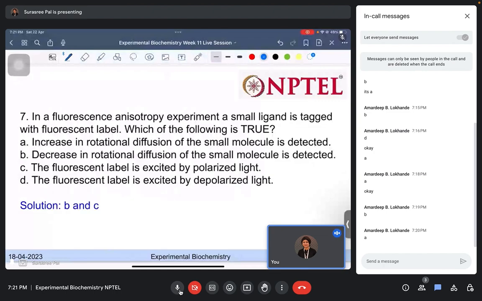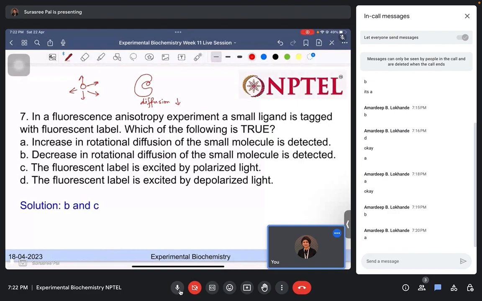When the molecule is free, it is rotating in all directions, but when the molecule is bound by a protein, its diffusion becomes limited, right? So the decrease in the diffusion of the small molecule is detected.